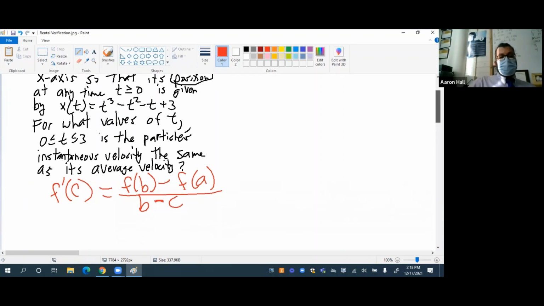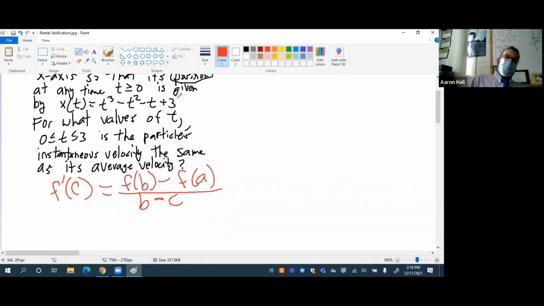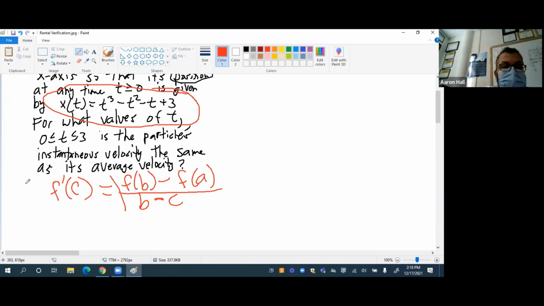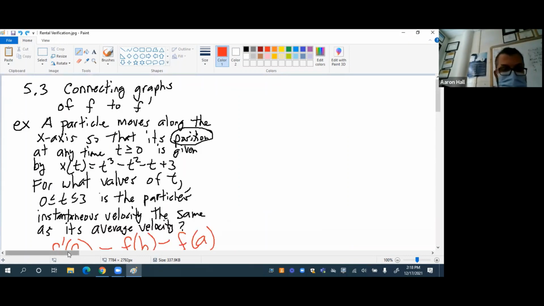I'm not saying that's the only place to start, but I think that's a good start. So if we take the derivative of a position function, that gives us what? Maybe that's something that we need to review.